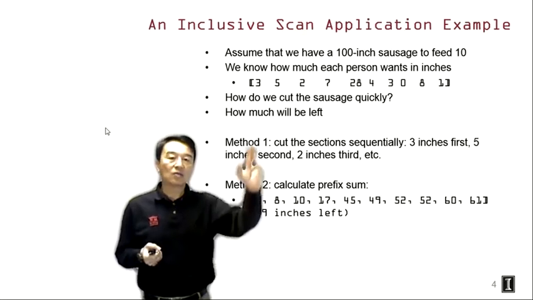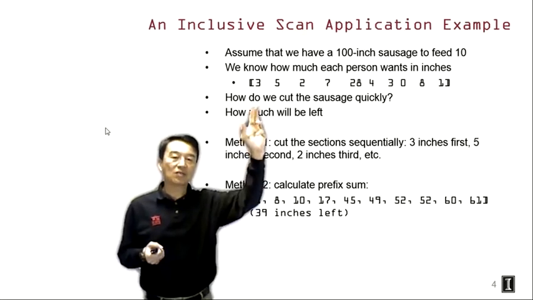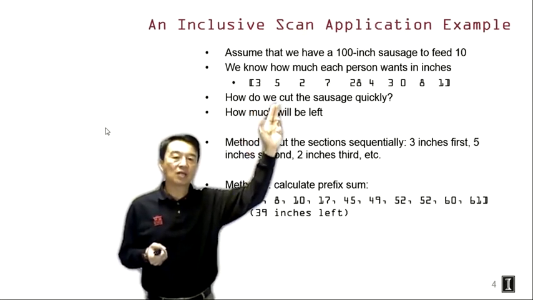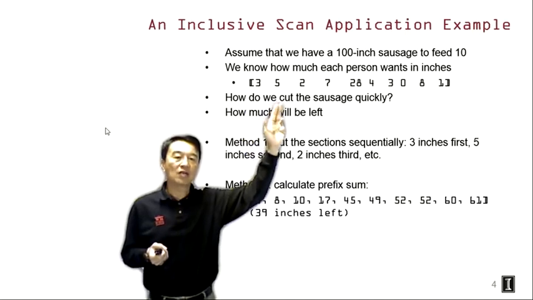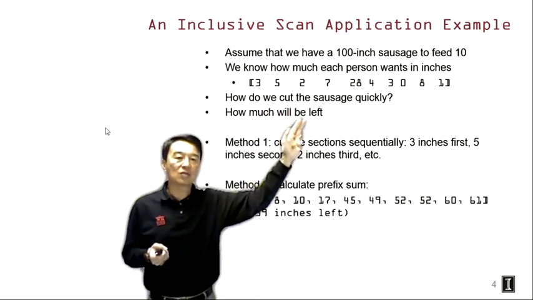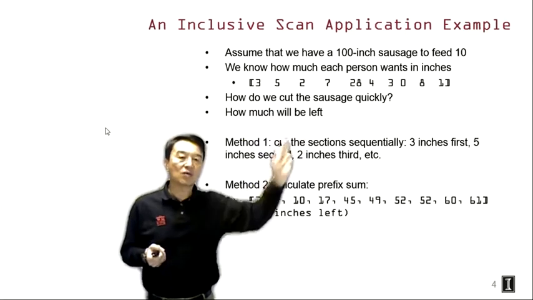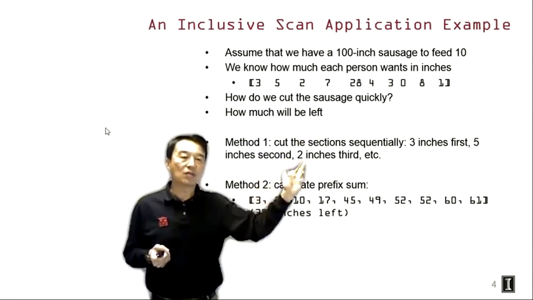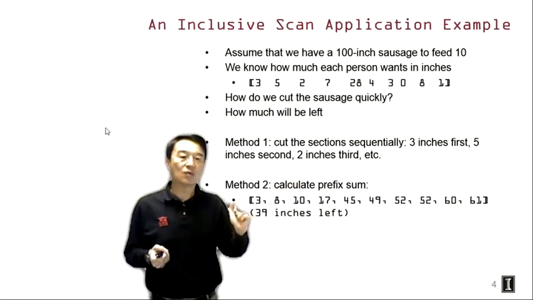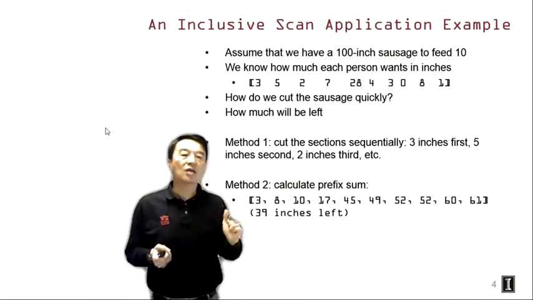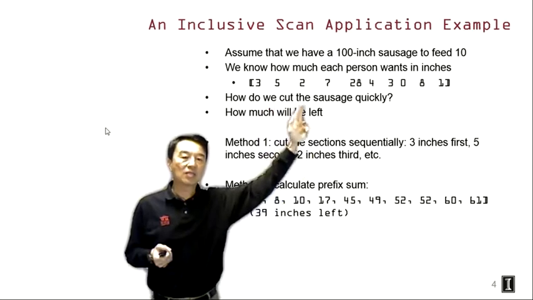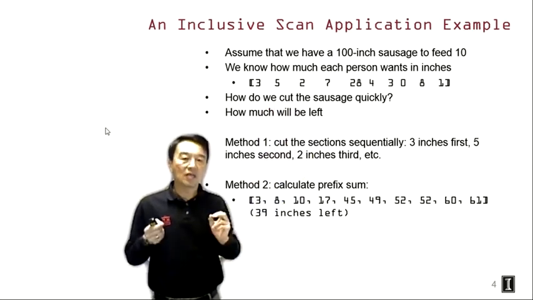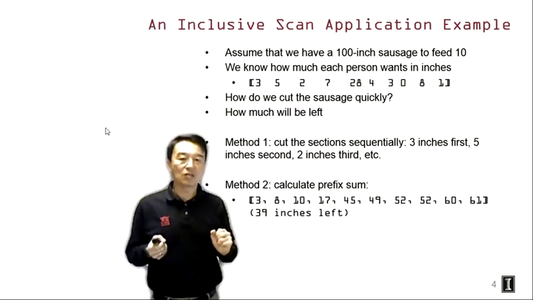The zeroth student asks for 3 inches, the next student asks for 5 inches, and then 2 inches and 7 inches. One of the students is very hungry, so she asks for 28 inches, and then 4 inches, 3 inches. One of the students is not hungry at all and says, I don't want any. So here is the sequence of all the desired amounts of the students for the sausage.